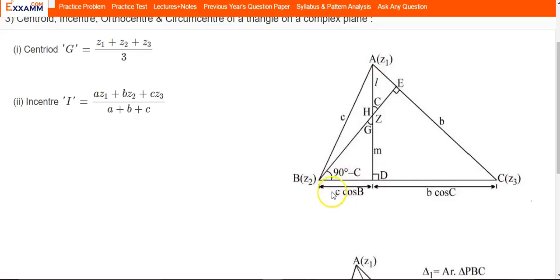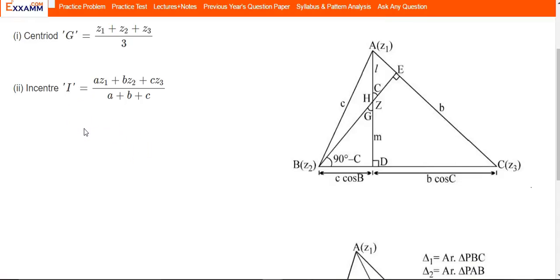A is the length of the side opposite point A, so A is BC, B is the length opposite point B, and C is the length opposite point C. So incenter is this, but for this formula you would rarely get a question which would ask you to put values in the formula, as has been the trend in JEE.